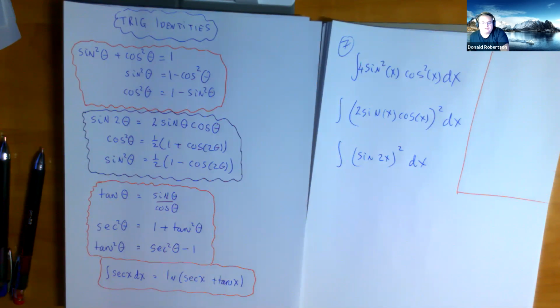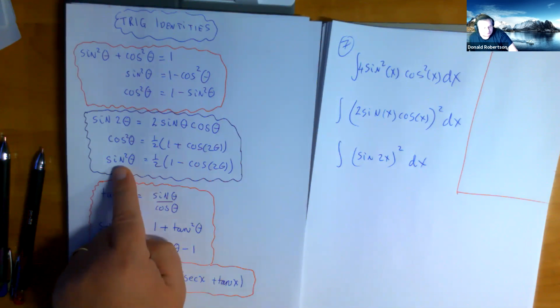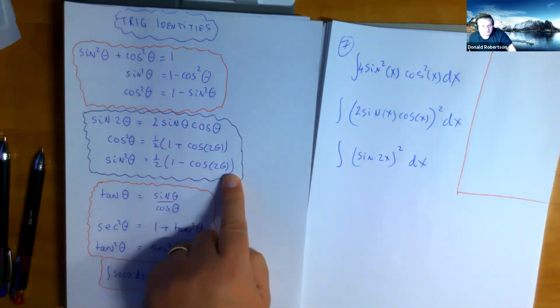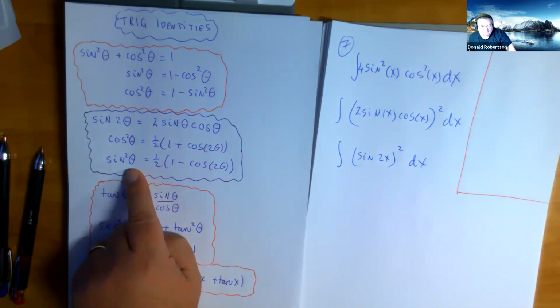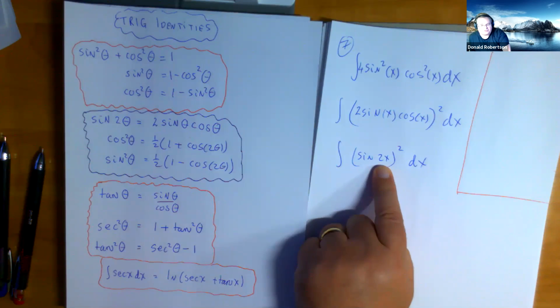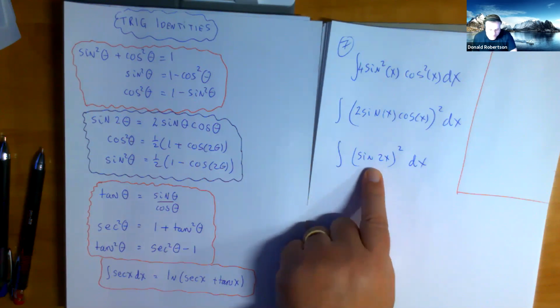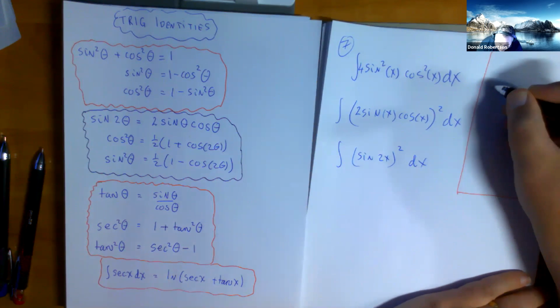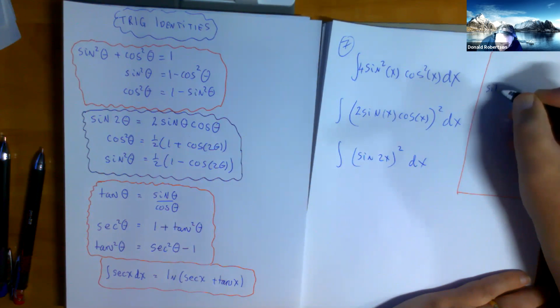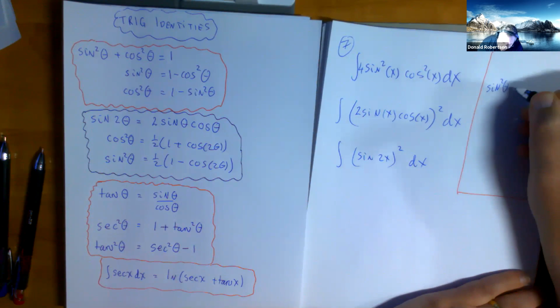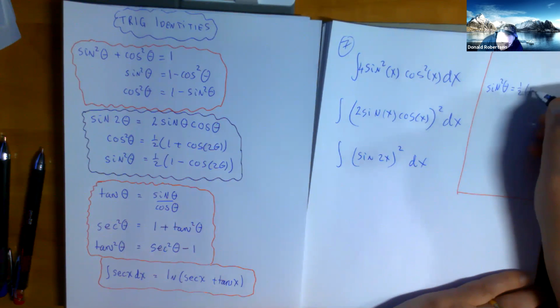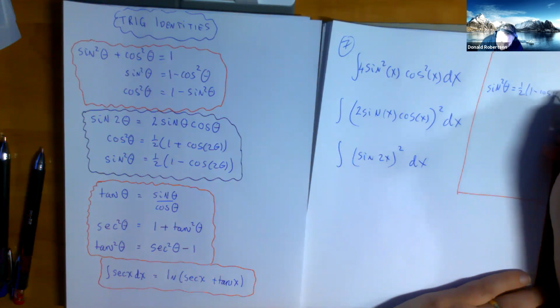Now we have to do something that I don't know if you've ever done before. We are going to use this identity here. And you're going to say, wait a minute, this identity has a theta, and this thing has a 2x. How can this be used here? Well, think of sine squared theta, which in this case is 1 minus the cosine of 2 theta.